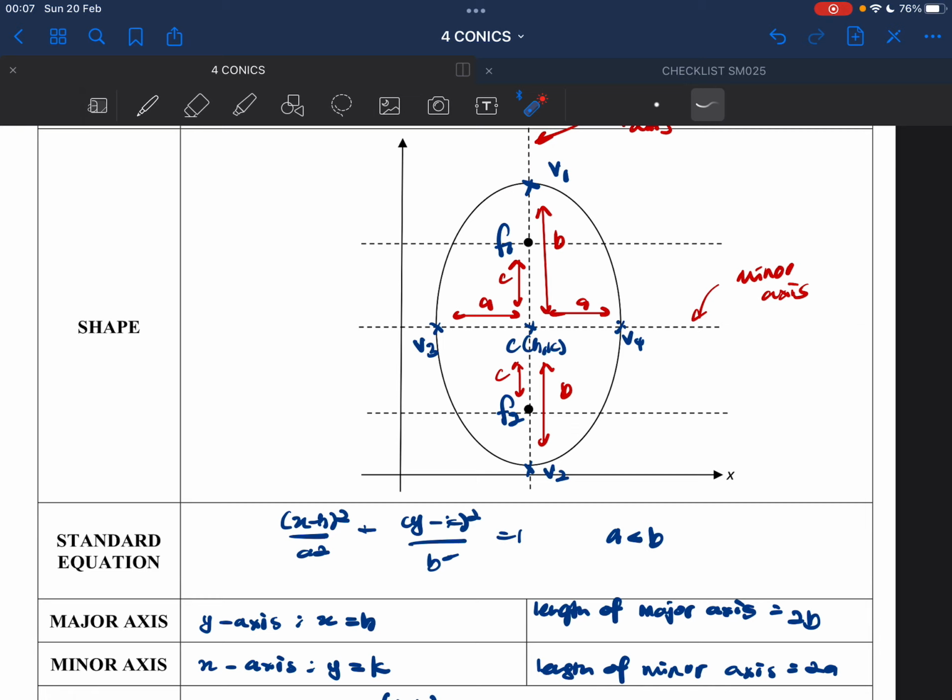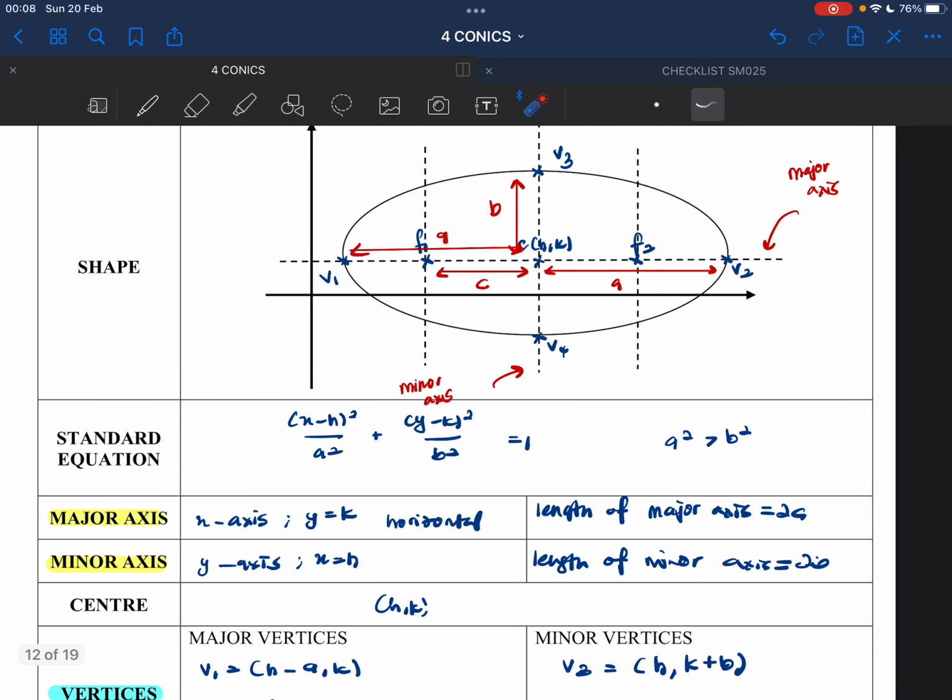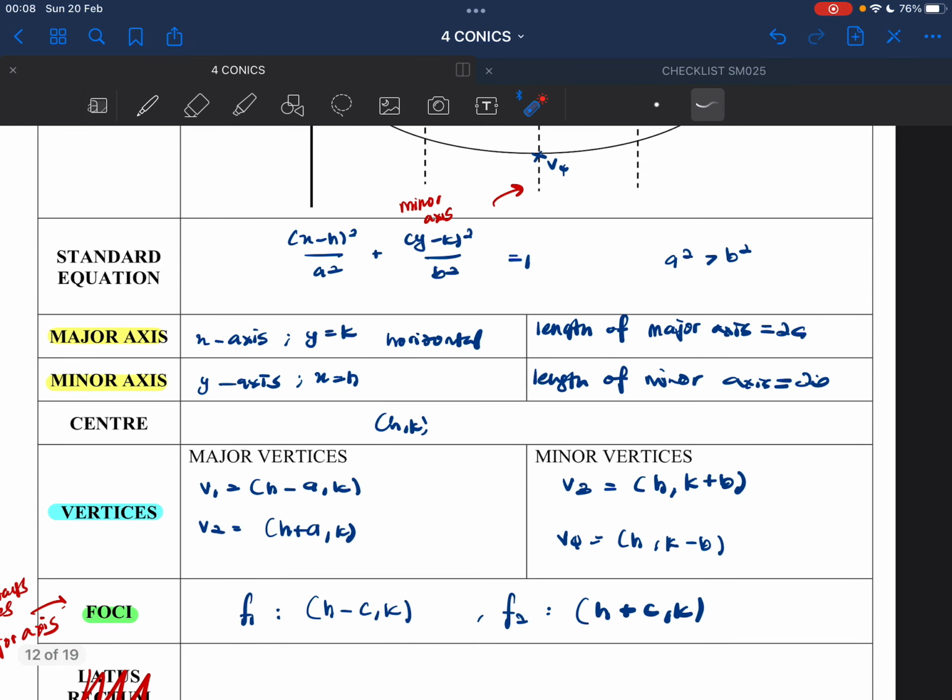Let me see one more time here. y equals k. Okay, the only thing that didn't change is your major axis here.